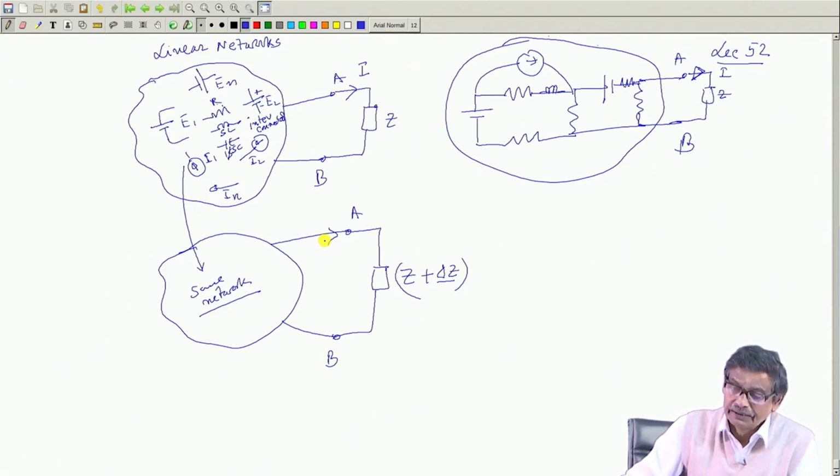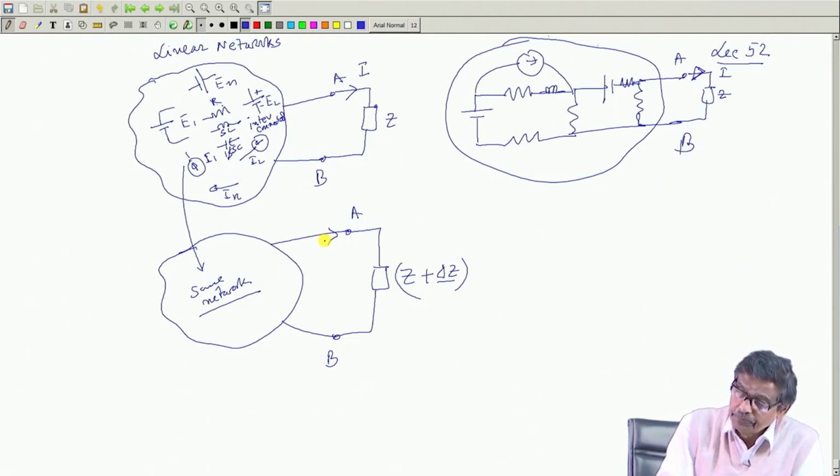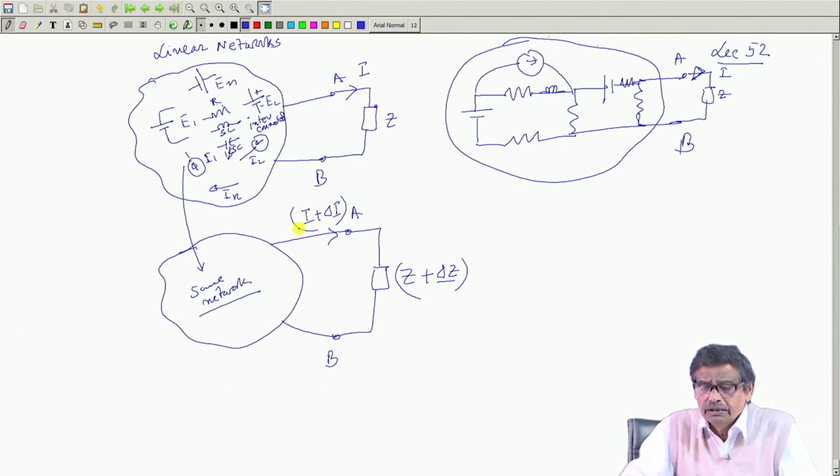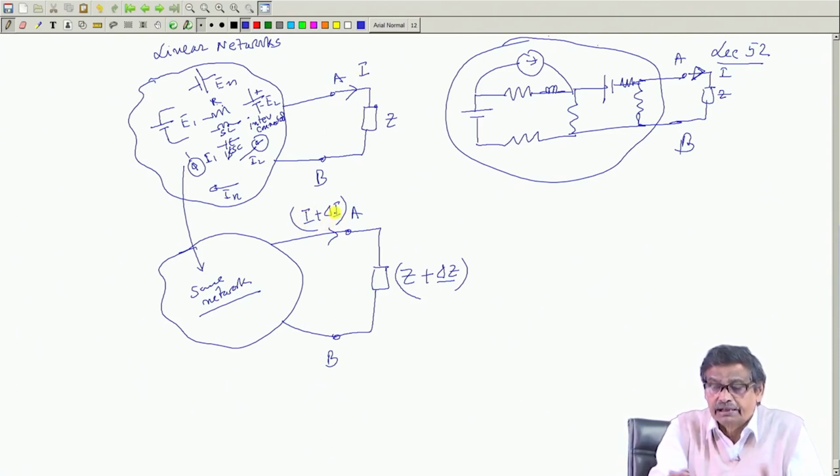Please listen carefully. If you have changed this impedance to Z plus delta Z, this current cannot remain at I, it must have changed to some other value, I plus delta I, where I was the original current and it has changed by some amount, delta I.